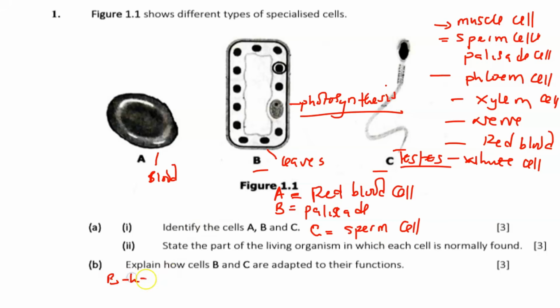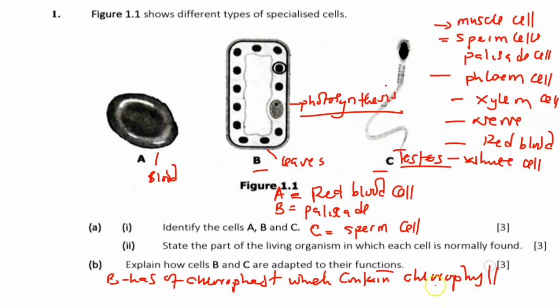B has the presence of chloroplasts which contain chlorophyll. It has numerous chloroplasts that contain chlorophyll, and the chlorophyll is used for the process of photosynthesis. That is the special feature that it has.